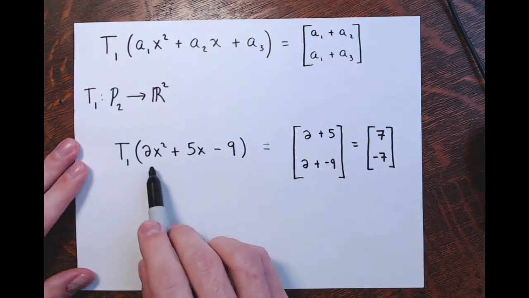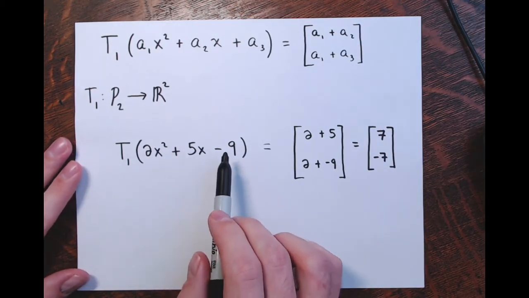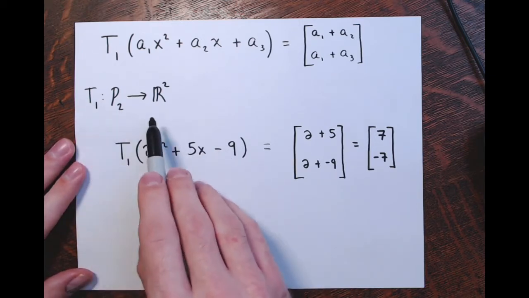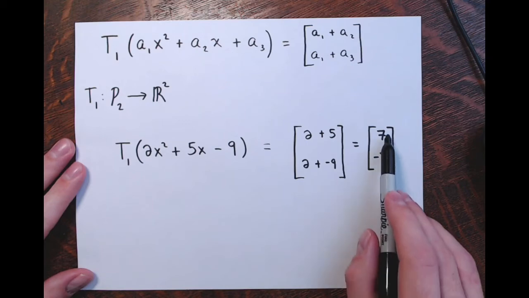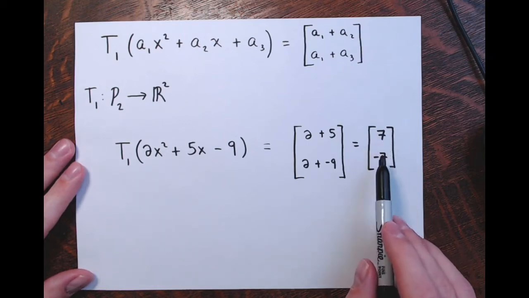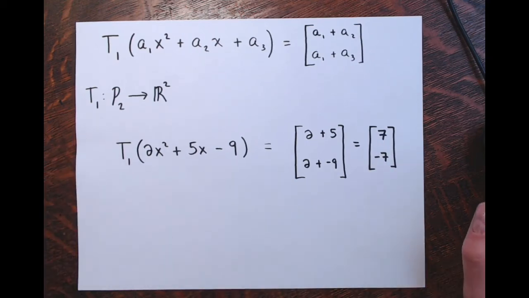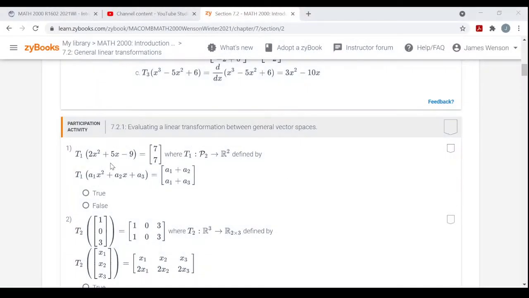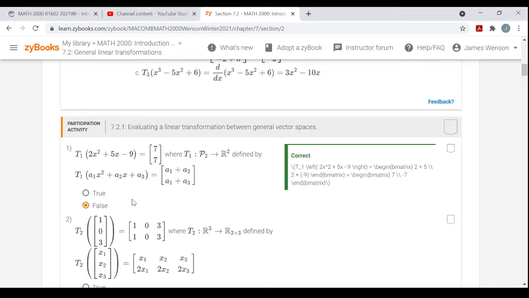Right, so 2x squared plus 5x minus 9, this vector from P2 would map to this vector 7, -7 from R2. Let's go back and look, and they say, hey, would this map to 7, 7? No, I said it would map to 7, -7, not 7, 7.